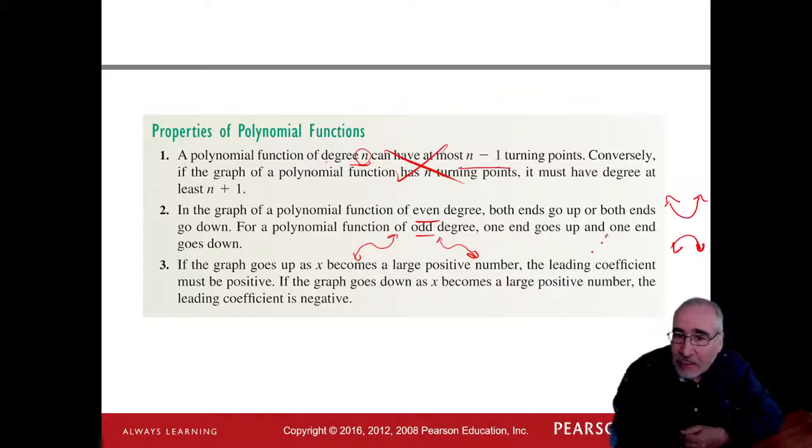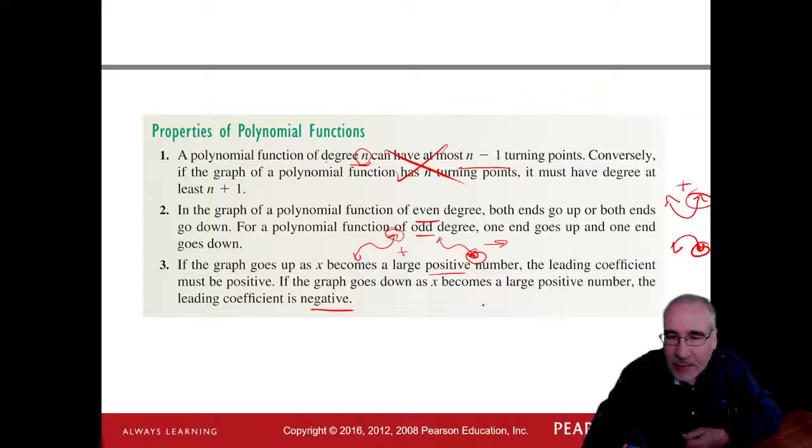You just really have to focus on what happens as x is getting big positively. If it's going up, then it's going to be positive, right? So these are going to have a positive leading coefficient, and if in the positive x direction, right, over here, if it's going down, as in this one or this one, then that's when it's going to be a negative leading coefficient.